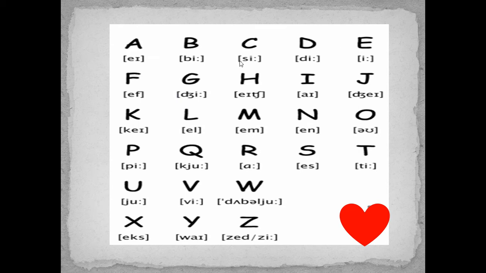Okay, we need to be more careful about the K sound. Okay, and here is the L, M, N, and here we also need to be more careful about the O, and also about the P sound, or the P alphabet.